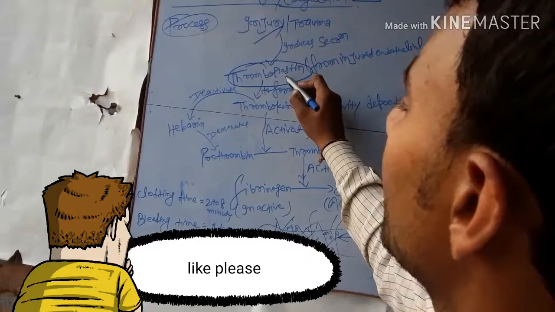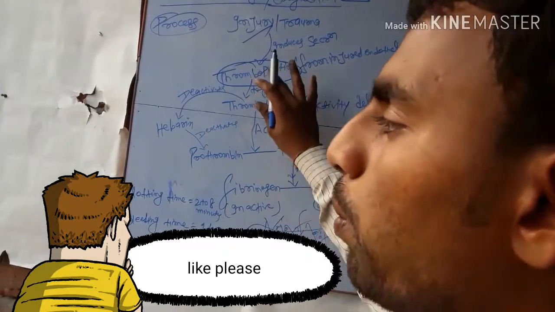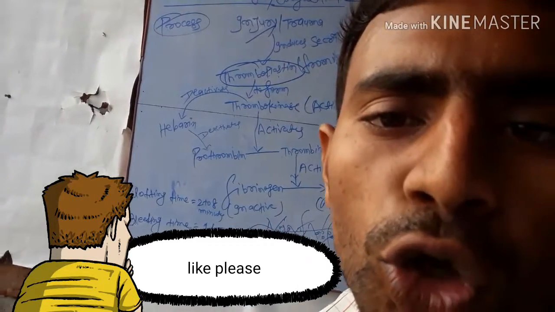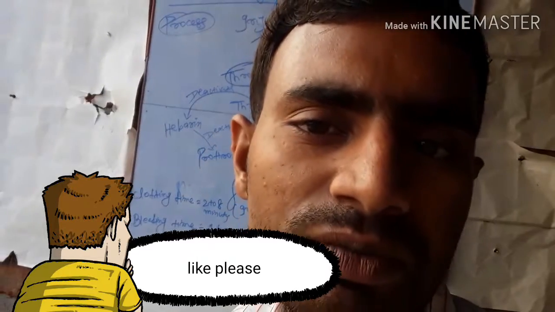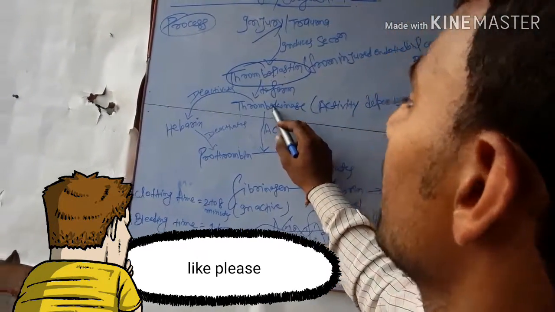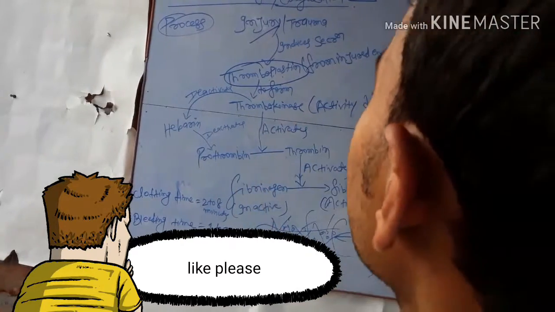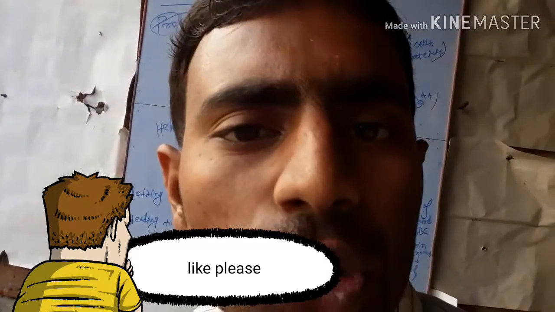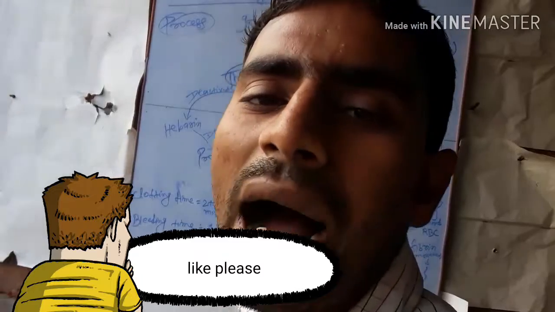After that, thromboplastin forms thrombokinase, and thrombokinase activity depends on calcium ions.